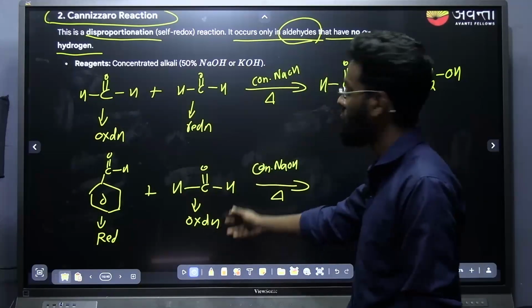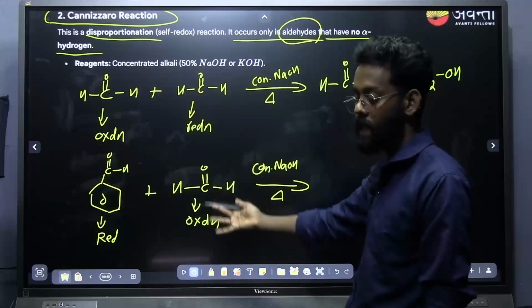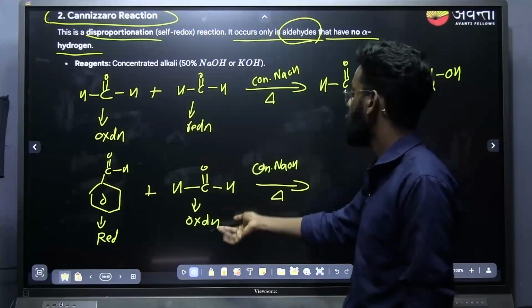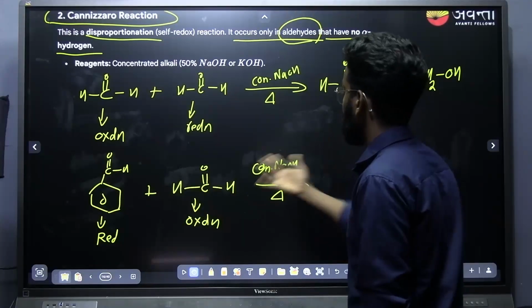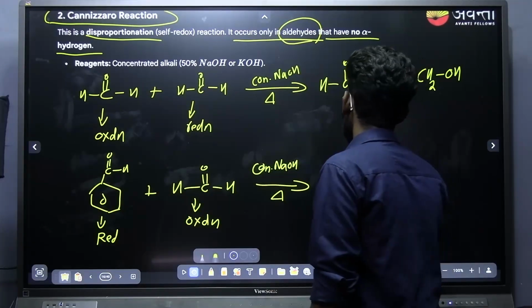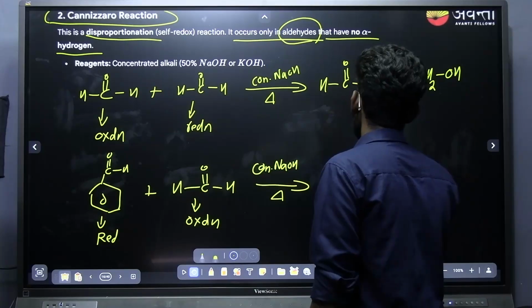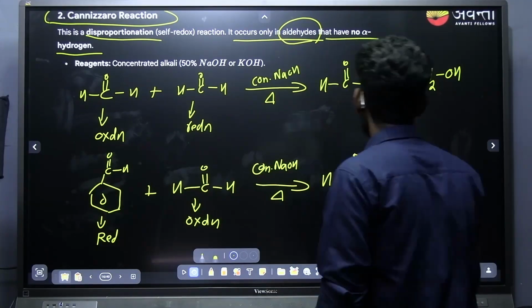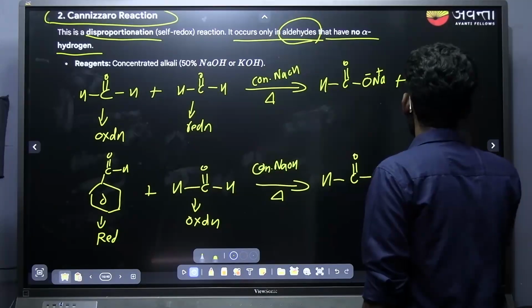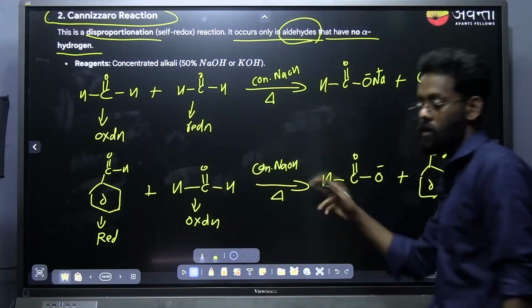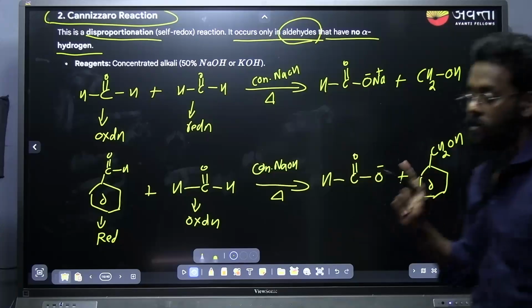Because formaldehyde, we know that it is very reactive, and because of that it will undergo oxidation. It can remove the hydrogen easily, or it can add the oxygen. So formaldehyde will undergo oxidation, and benzaldehyde will undergo reduction, and we will be getting benzyl alcohol, CH2OH. That's another point you should note down in the Cannizzaro reaction.